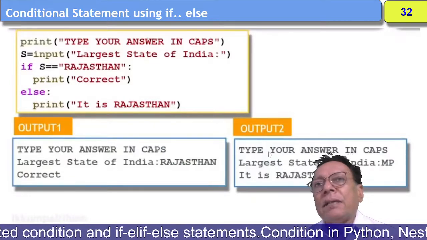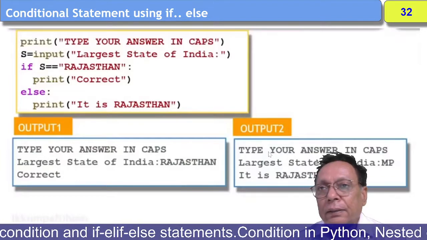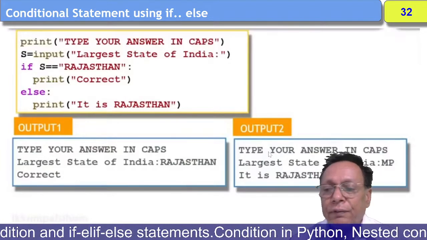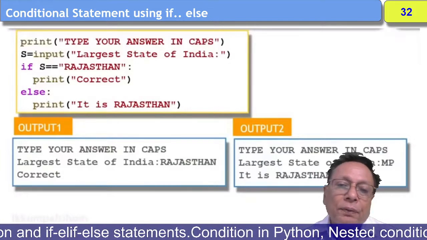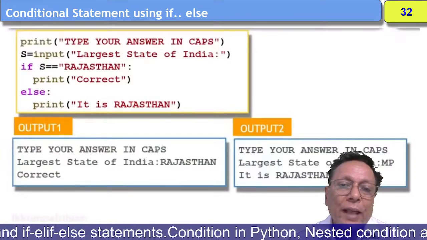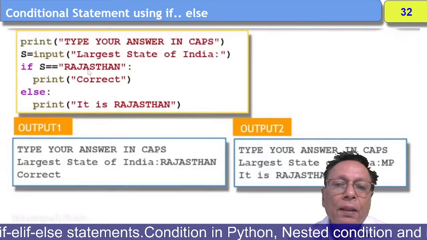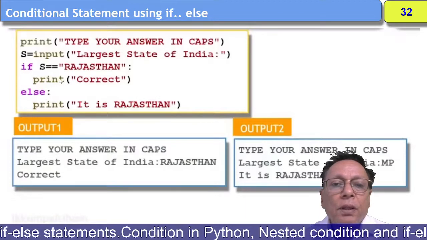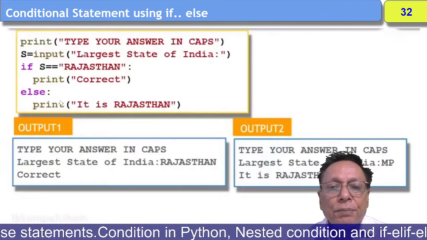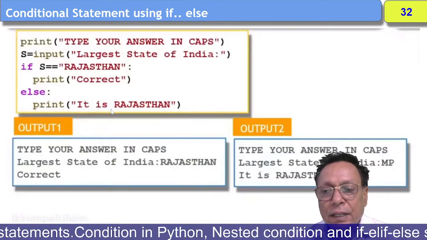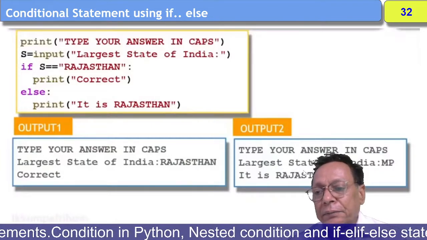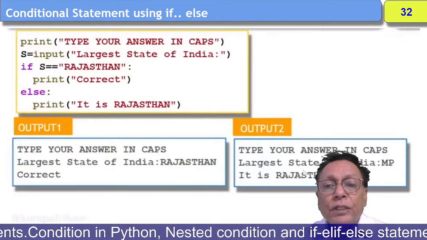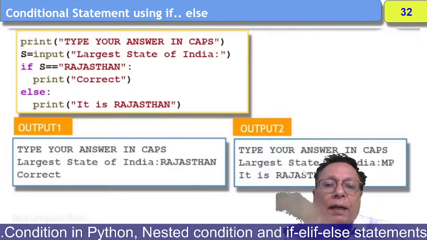And next time if you run, and in place of Rajasthan, you give MP, now the condition is false. So S is not equals to Rajasthan. Since S is not equals to Rajasthan, it will come to else and print it is Rajasthan. So this way we can use if else.